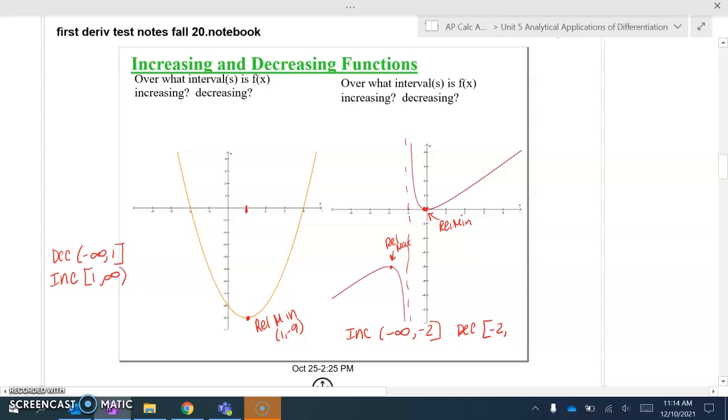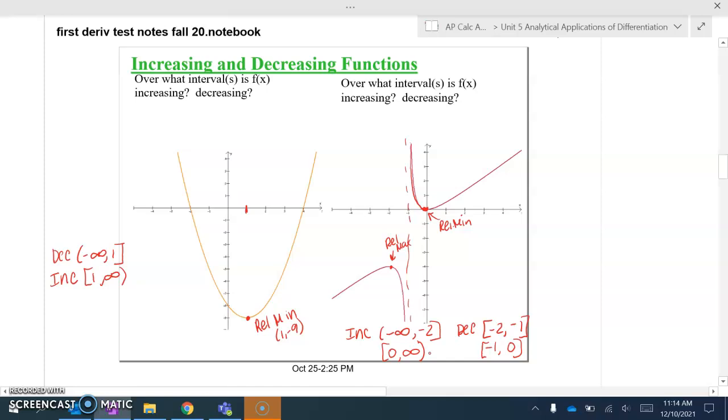Now, it's decreasing to -1. And then we're decreasing, my bad, from that -1 to 0. And then we're increasing again from 0 to infinity.